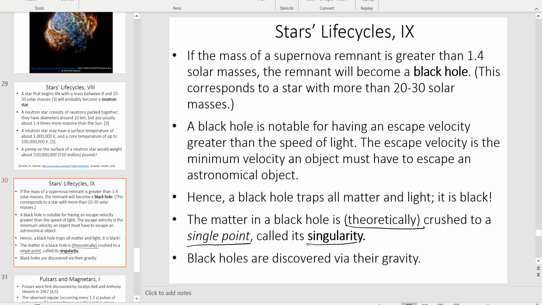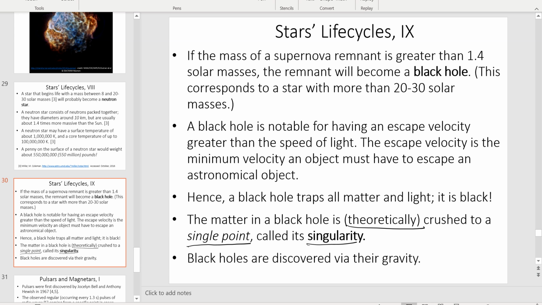Now I say theoretically because few people actually take this seriously. The real answer is we don't know what happens in the center of a black hole, and the reason is that our models of physics are not good enough, basically. They're not complete enough to actually explain to us or predict what happens in the center of a black hole. Our physics breaks down.